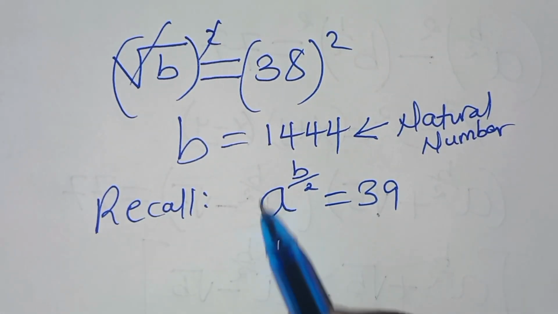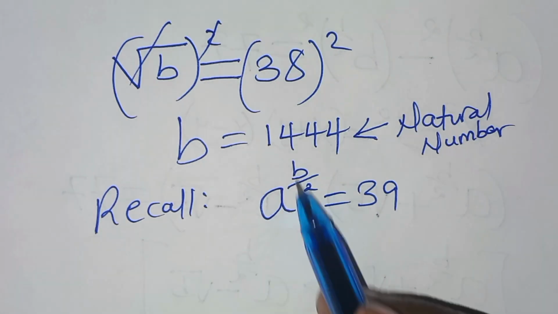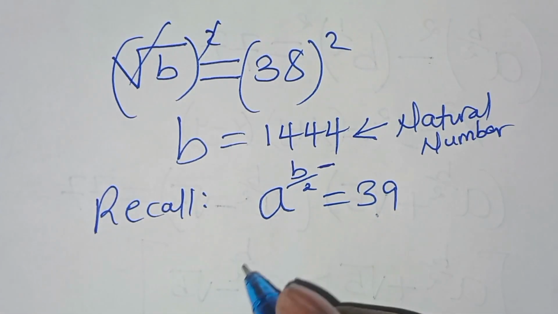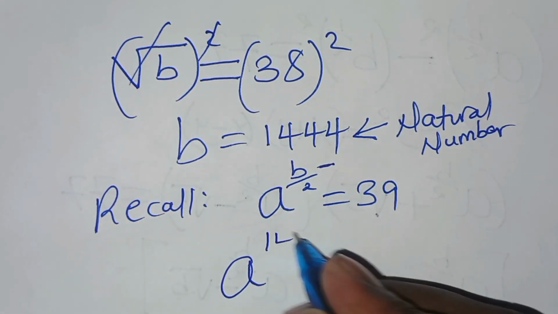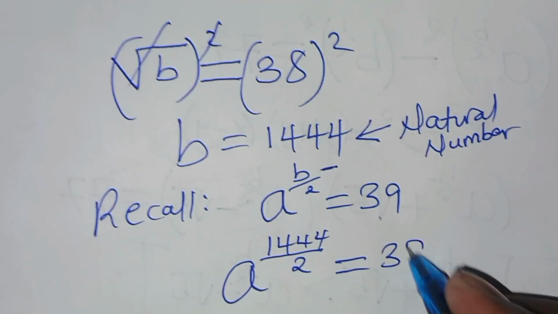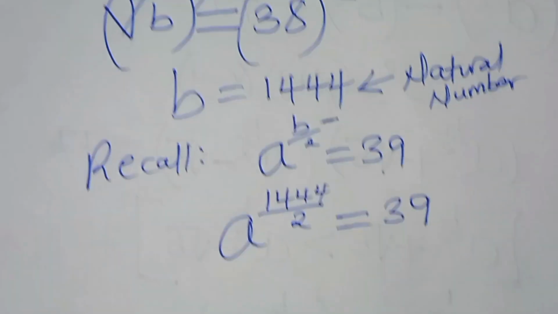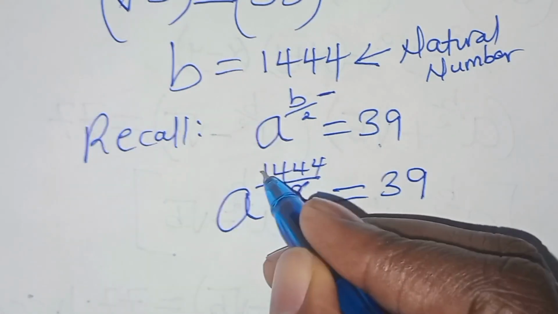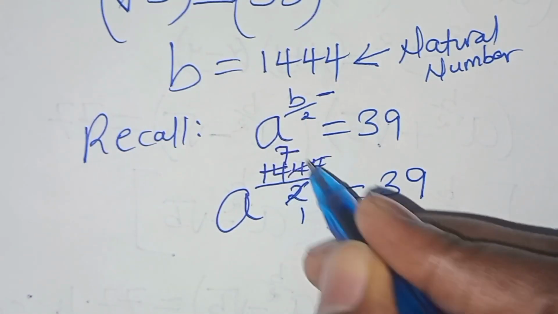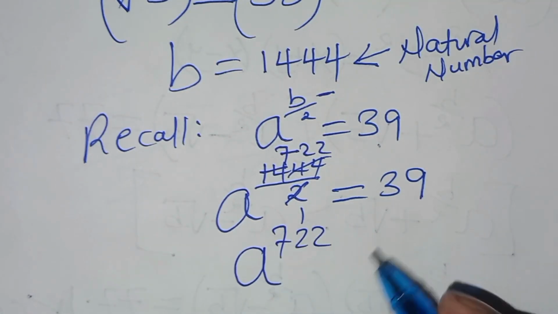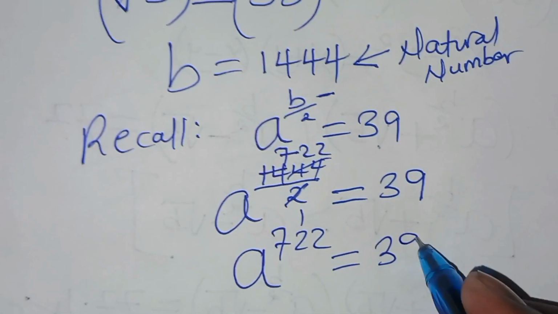Now for a, we have a to power b over 2 is equal to 39. Let's substitute b here, so we'll have a to power 1444 divided by 2, which is equal to 39. Let's simplify: 1444 divided by 2 is 722. So we have a to power 722 equal to 39.